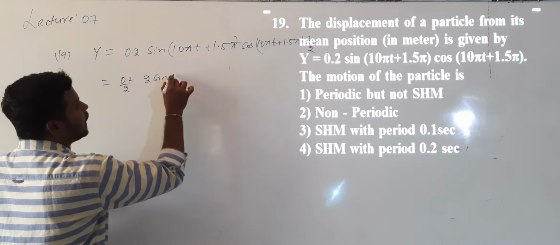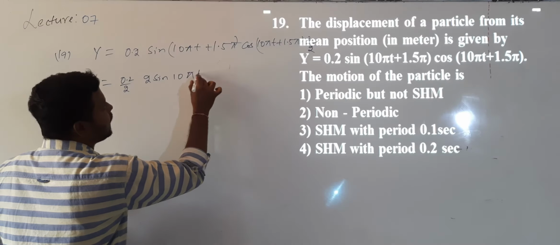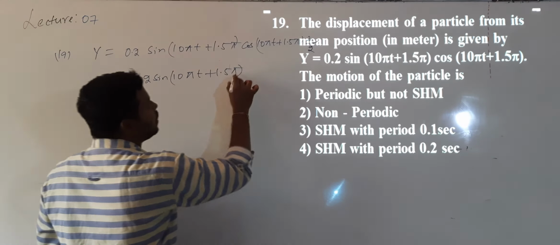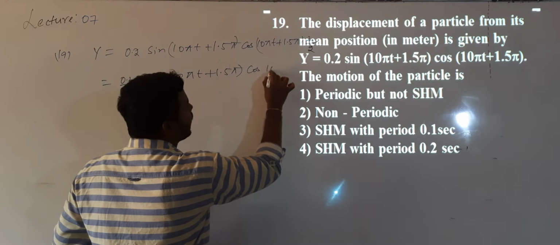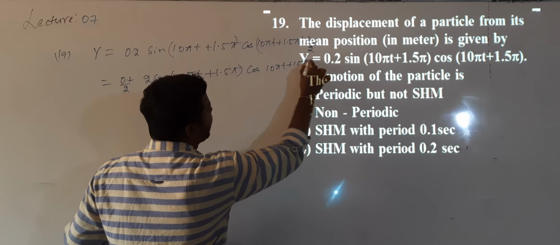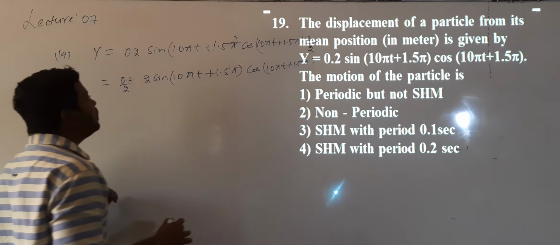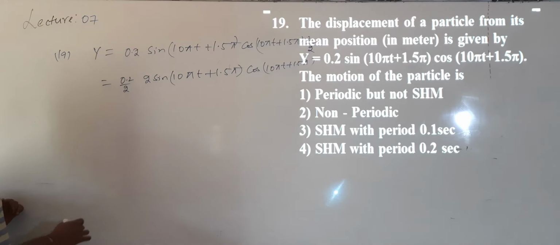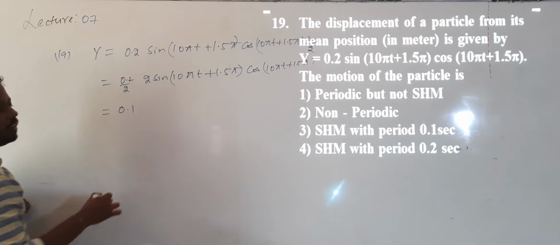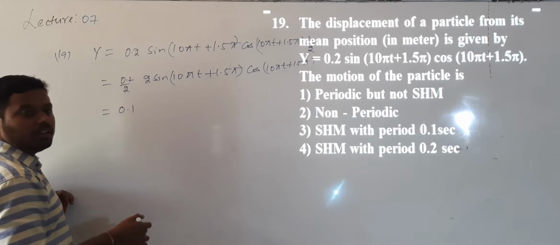I get 2 into sin(10 pi t plus 1.5 pi) into cos(10 pi t plus 1.5 pi). This is of the form 2 sin theta cos theta, with 0.2 by 2 being 0.1. What is 2 sin theta cos theta?